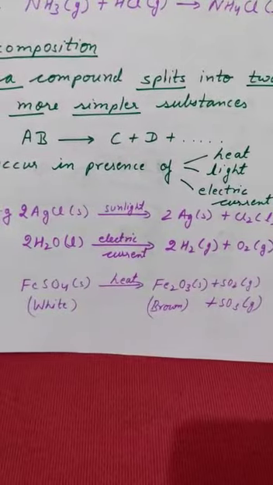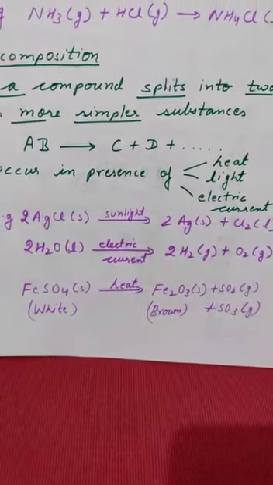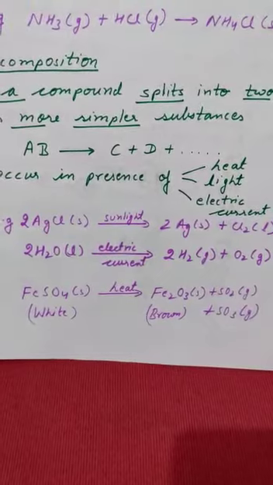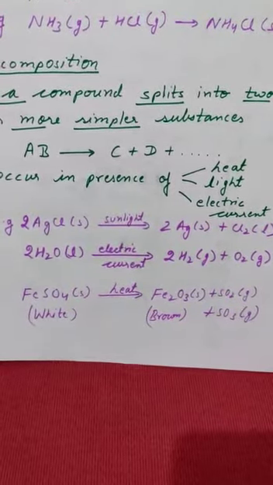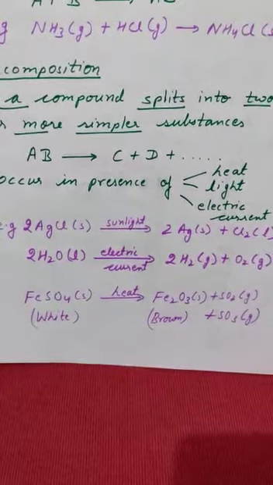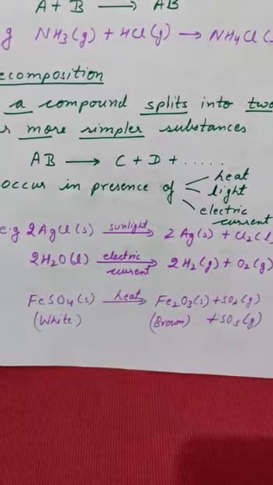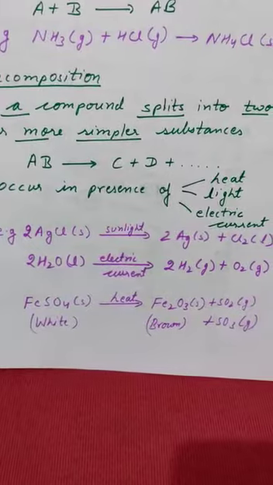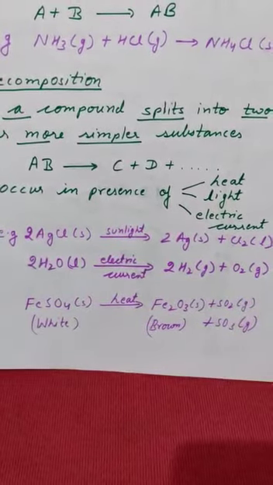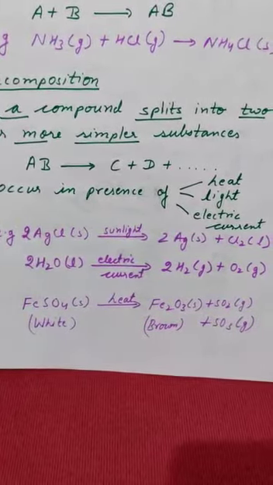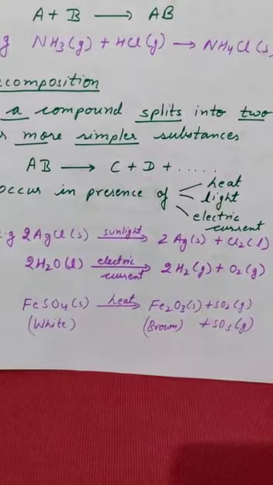If it takes place in the presence of heat, it is known as thermal decomposition. And if it takes place in the presence of light, it is known as photochemical decomposition. Then third is electric current.